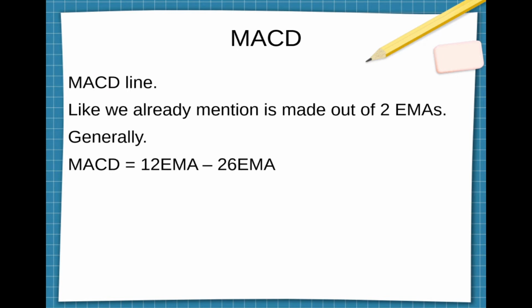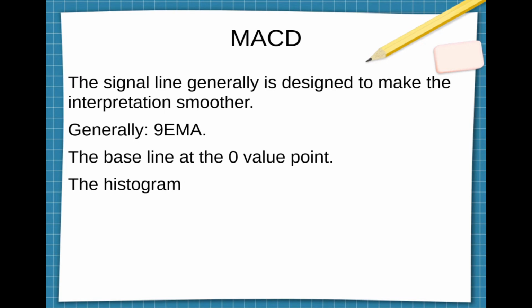Now the signal line is generally designed to make the interpretation smoother, generally a 9 EMA. The baseline is the zero evaluation point. I think I've shown you this one, and then I'll show you the histogram.